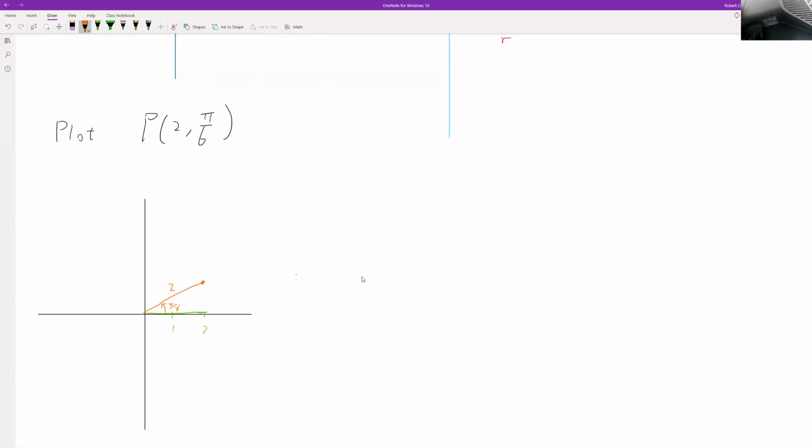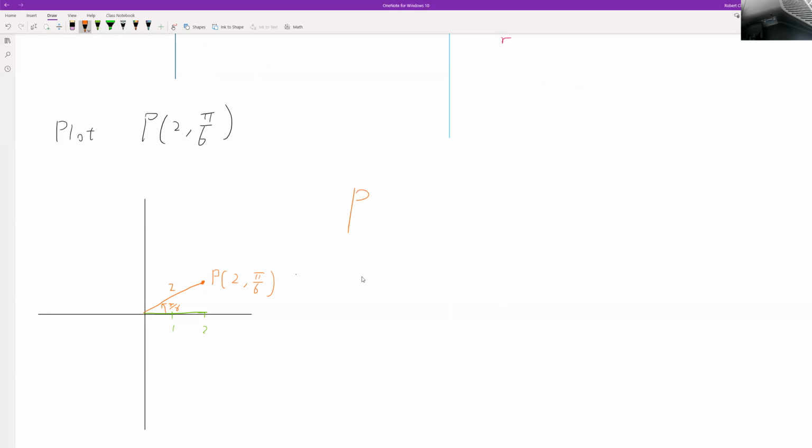So this point that we have on the end of the line is going to have the polar coordinate of 2 and pi over 6. So polar coordinate is just another way to plot points on the xy plane.